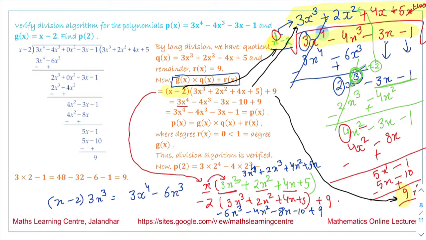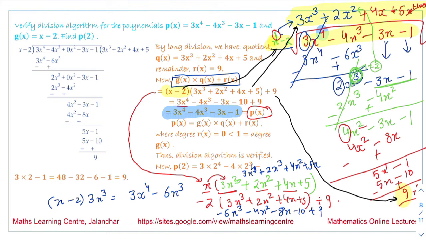And when you solve these values, you will get the final answer as 3x raised to the power 4 minus 4x cube minus 3x minus 1, and this is equal to the value p(x). So we are saying the division algorithm is verified.